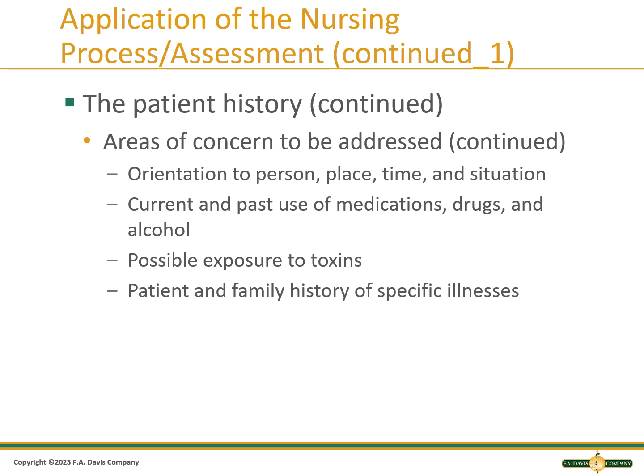We need to know if they used drugs, medication, alcohol in the past and what those were, if they were possibly exposed to some type of toxin, and we need a good patient and family history of illness.